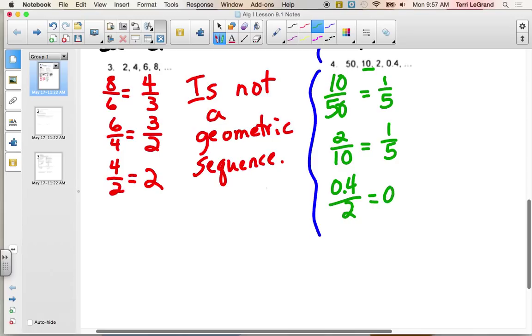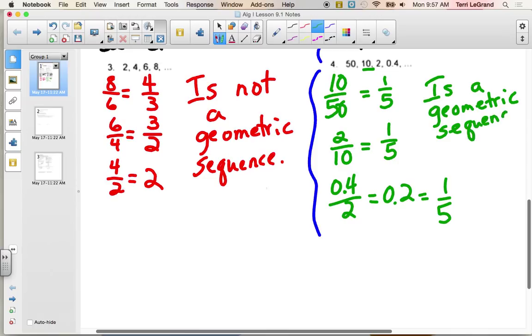Right? And then 0.2 is the same as 2/10, and 2/10 is the same as 1/5? Yeah. Okay, so it is a geometric sequence. And what are we going to say besides that? With r equals 1/5.